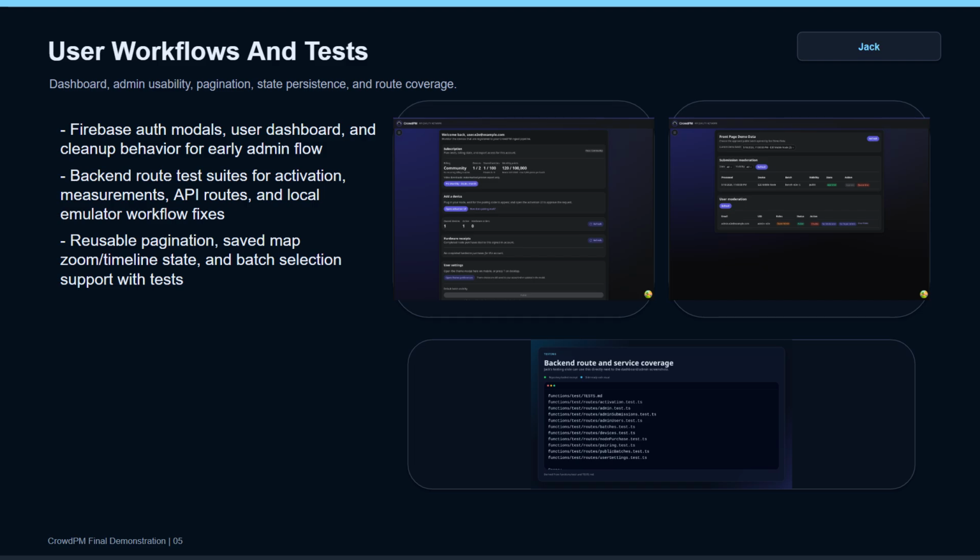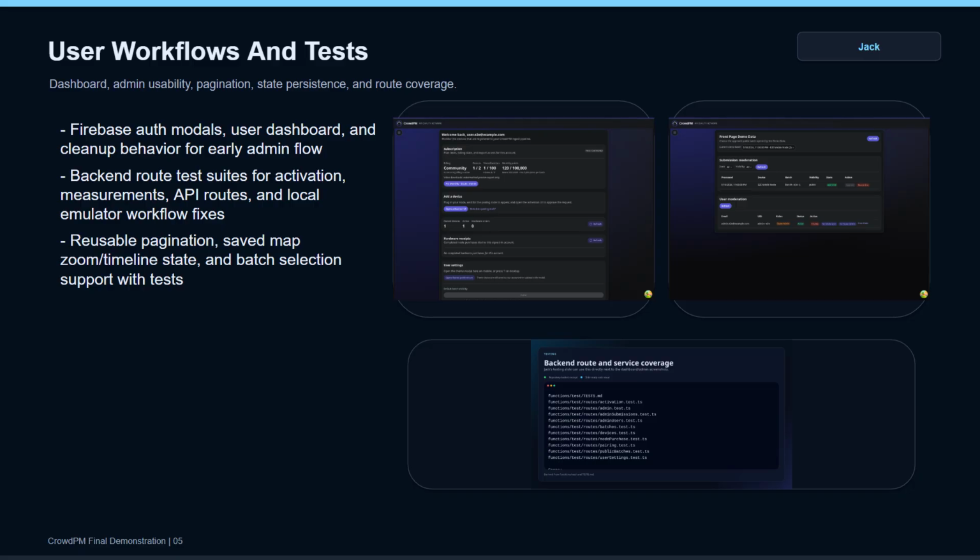My work focused on user workflows, testing, and admin usability. In fall, I added Firebase auth modals, the user dashboard, and batch cleanup behavior for the early smoke test admin flow. In winter, I added backend route test suites, including activation, measurements, and other API routes, and documented the test structure in tests.md.